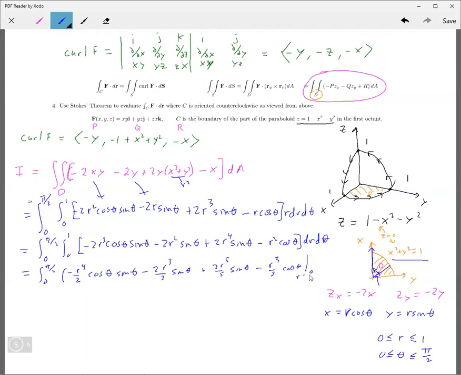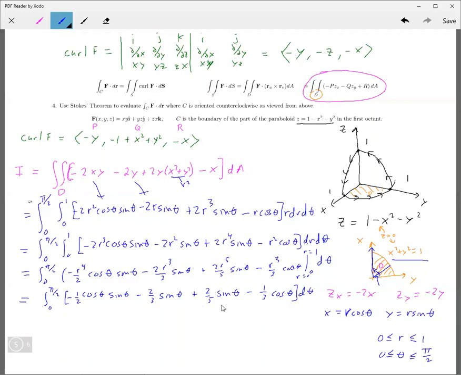And then r goes from 0 to 1. So just plug in r equals 1, and that gives you negative 1/2 cosine theta sine theta minus 2/3 sine theta plus 2/5 sine theta minus 1/3 cosine theta d theta.